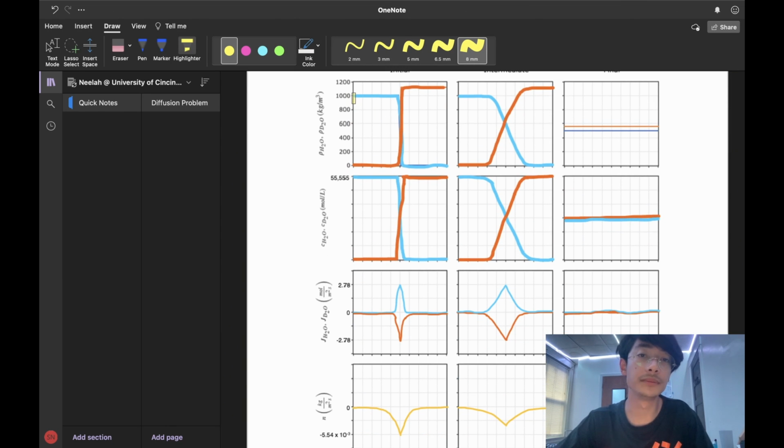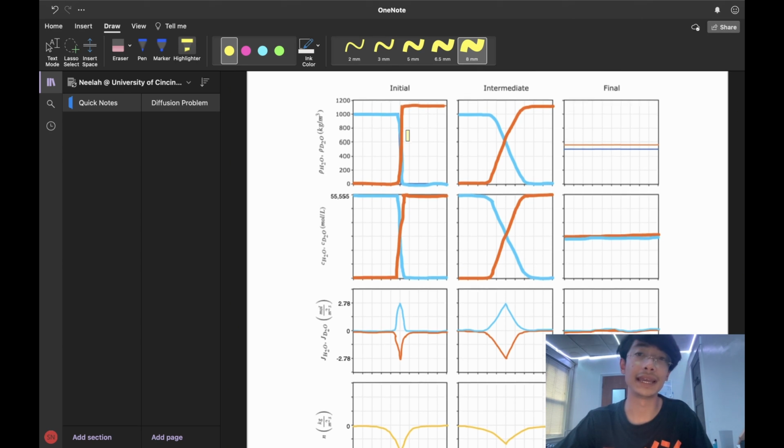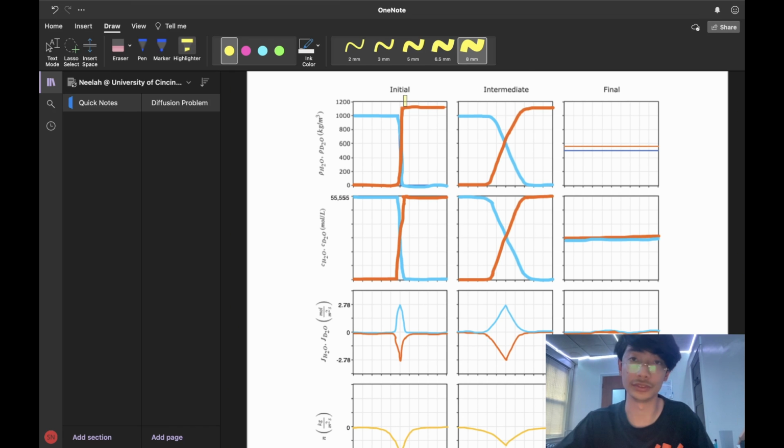First of all, in terms of the mass concentration of these two different compounds, in the initial phase, when time is equal to 0.1 seconds, these substances have not had the time required to mix around. So for the most part, the concentration of H2O from 0 to 5 is pretty much constant at its density. And at the very 5 centimeter mark where the H2O and D2O are actually mixing, there's a very steep curve.